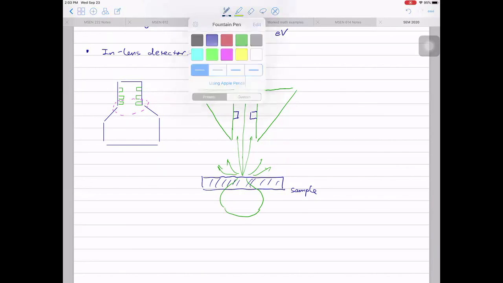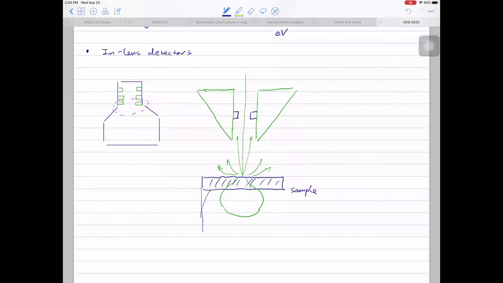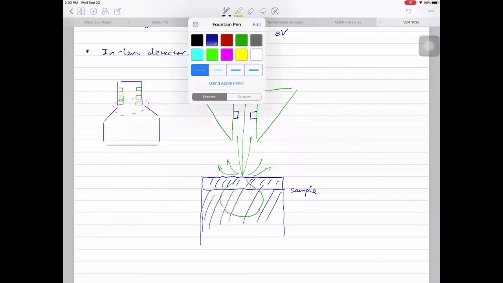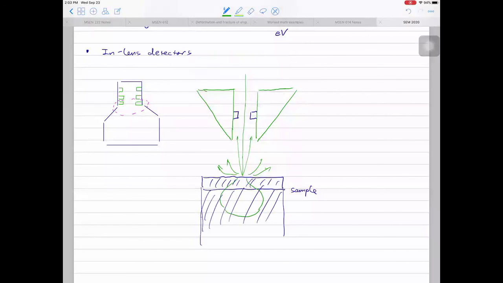Let me make the specimen larger. It should be a lot deeper. So this is your specimen. Then anywhere in this interaction volume, they can generate electrons.